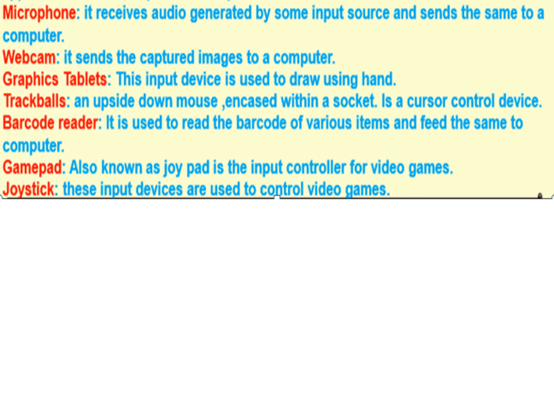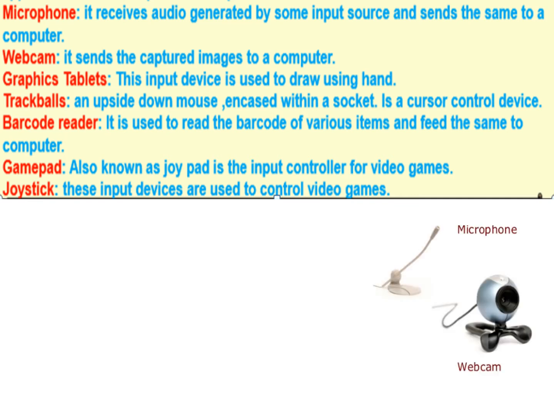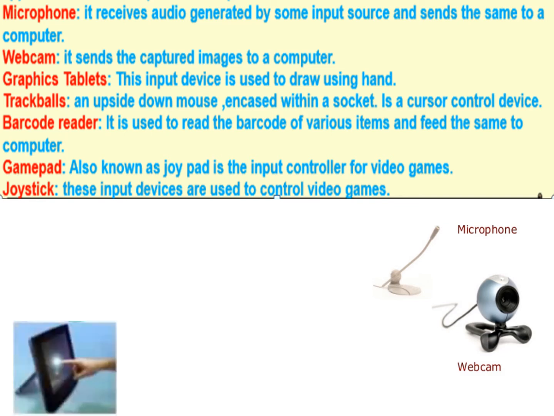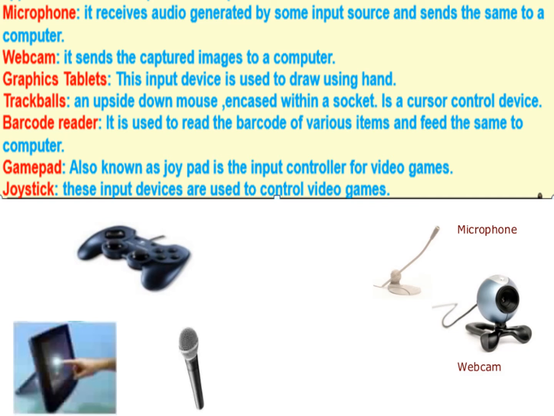Now, another example is gamepad, which is used for playing video games. Joystick is also used for playing games. This is your microphone through which I am speaking. Webcam to see the images, to capture images. This is your graphic tablet. Gamepad for playing video games.